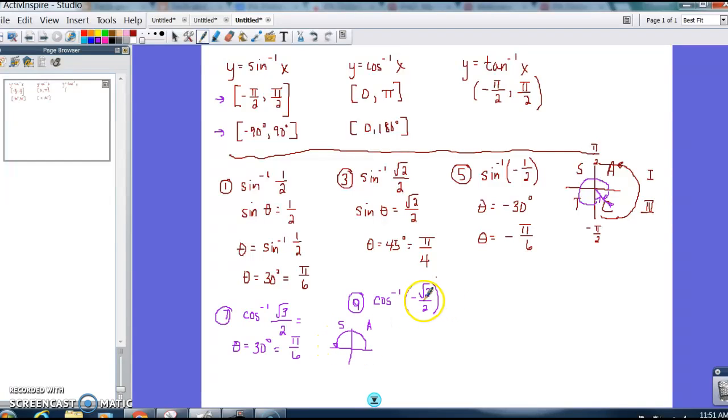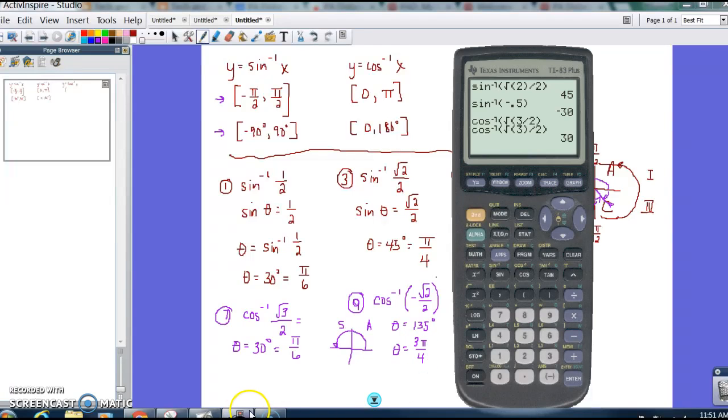In the second quadrant, cosine is negative. So I know this is going to be a second quadrant angle. I know that the angle whose cosine is root 2 over 2 is 45 degrees. So if I'm in the second quadrant, I would do 180 minus 45 degrees, which would give me 135 degrees, which in radians would be 3 pi over 4.